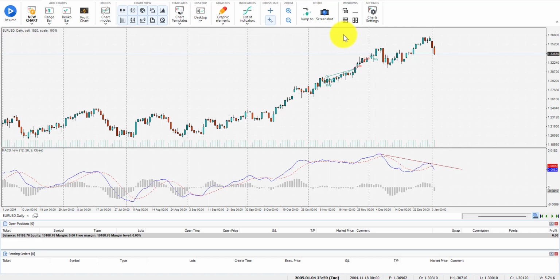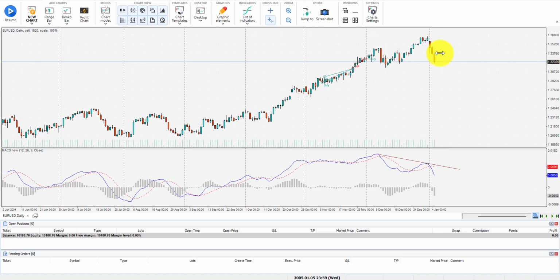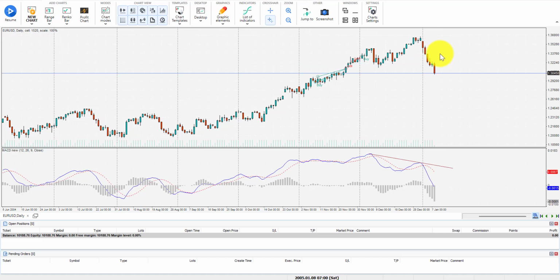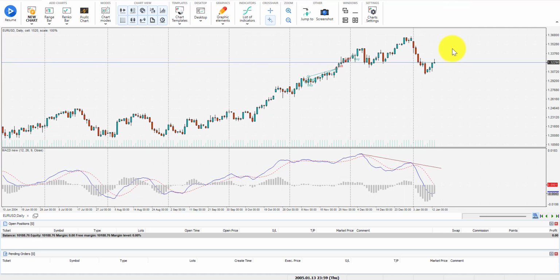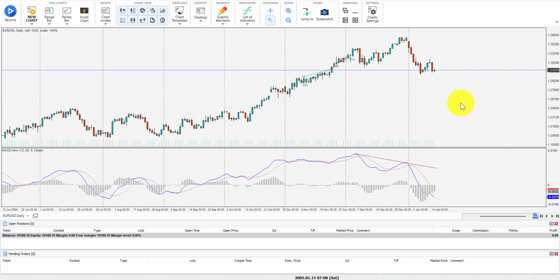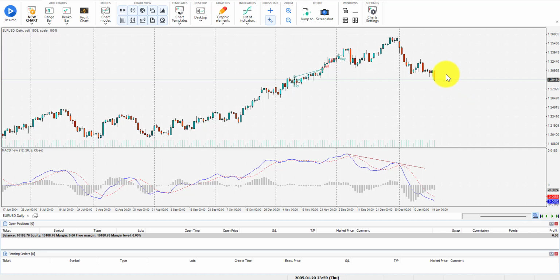So I don't really have a good price action pattern. I wanted to sell there. Using this, you would be using only the MACD. So I didn't really have a nice pattern here. This could be a pullback and then it could fall. Yeah, there you go.